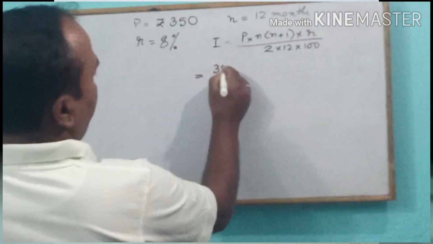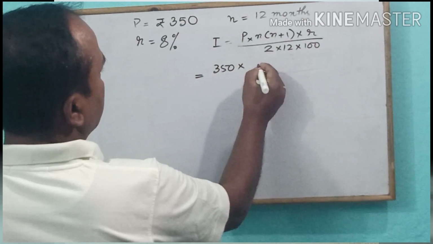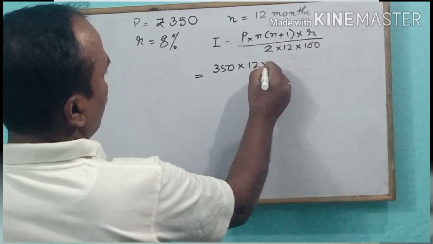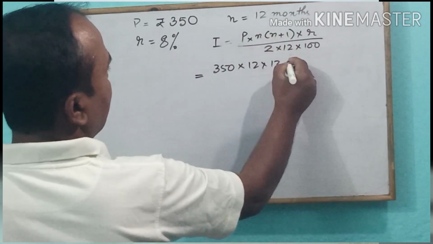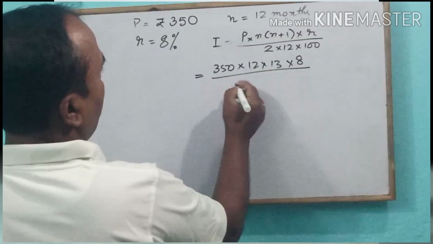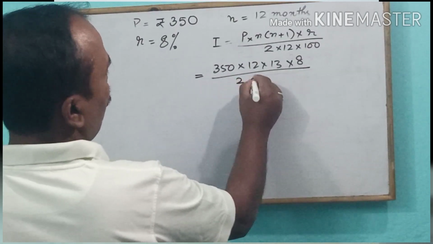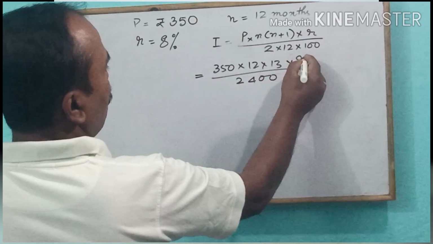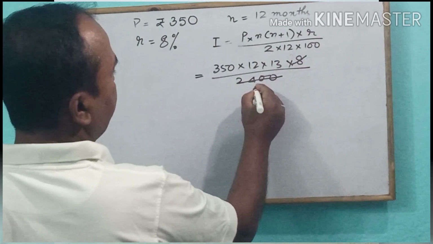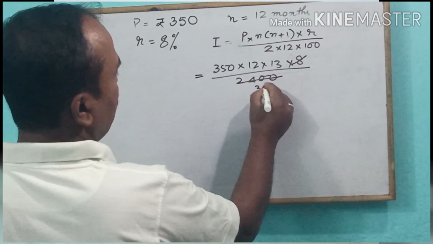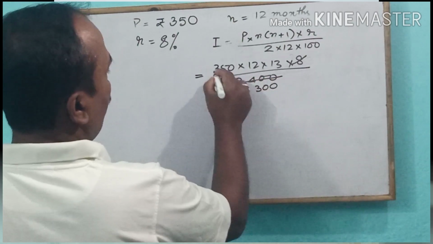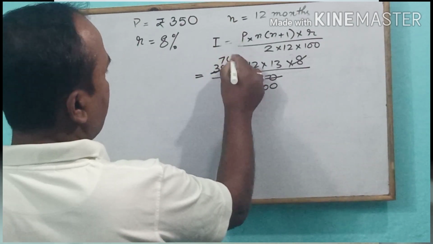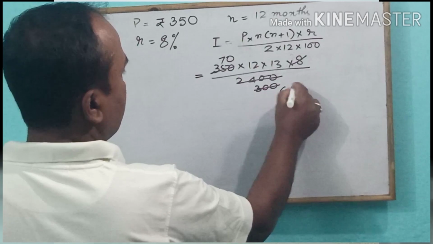That is 350 into 12 into 13, because 12 plus 1 is 13, into 8 by 2400. So here it is 300. So 5 sevens are 560.